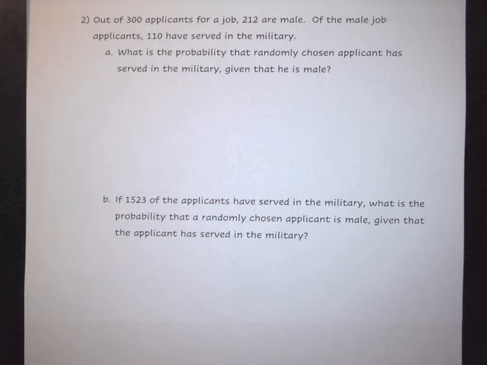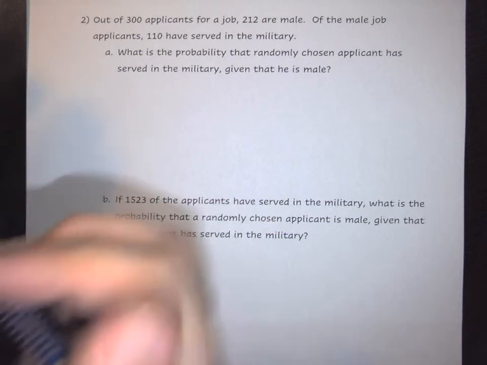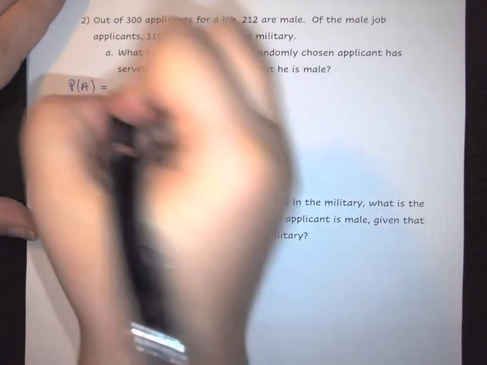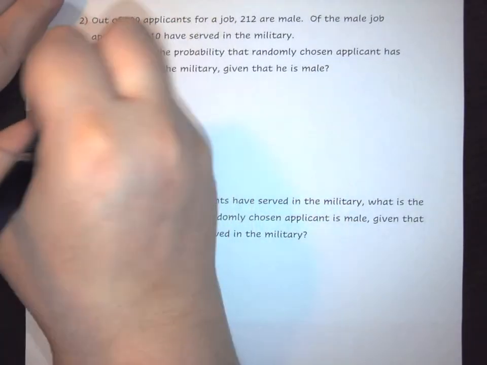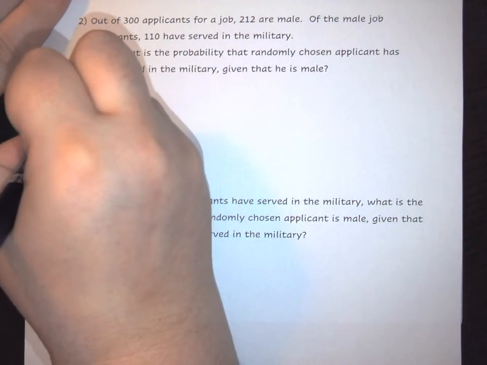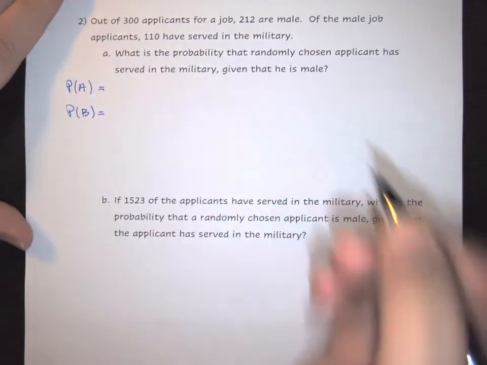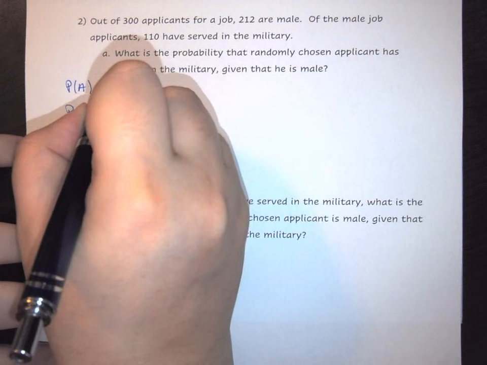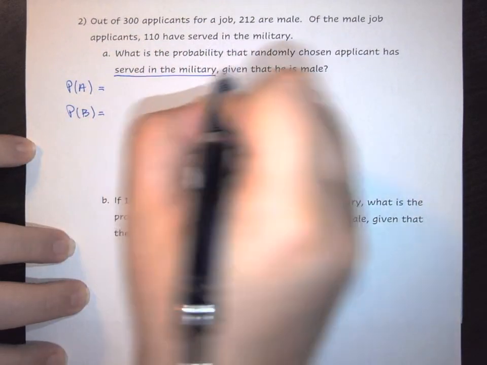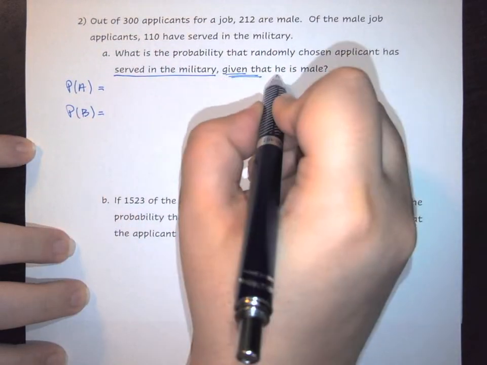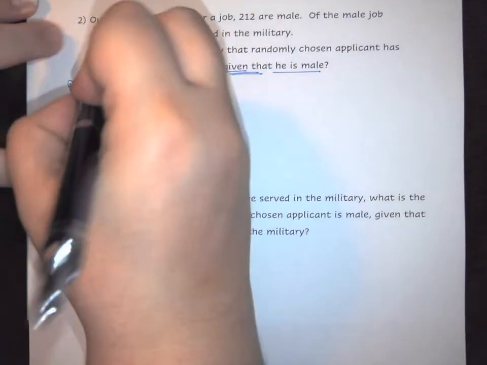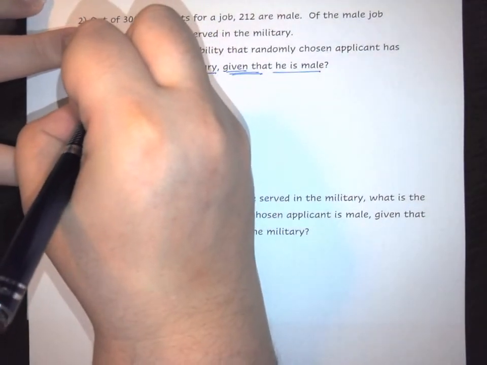The very first thing we have to do with this problem is identify what is going to be my A and what is going to be B. Well, it comes in the sentence: served in the military given that he is male. So the probability for my A is going to be that I served in the military.